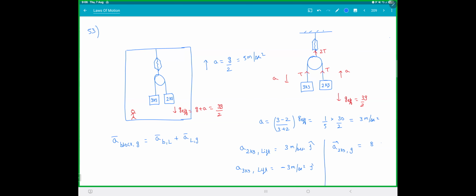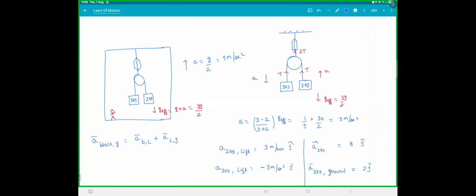This guy becomes 8 j cap. Acceleration of 3 kg with respect to ground, 5 minus 3 will become 2 j cap. So both the blocks are actually going up in the ground frame. The person in the lift will think one is going up and one down, but the person on the ground will think both are going up.